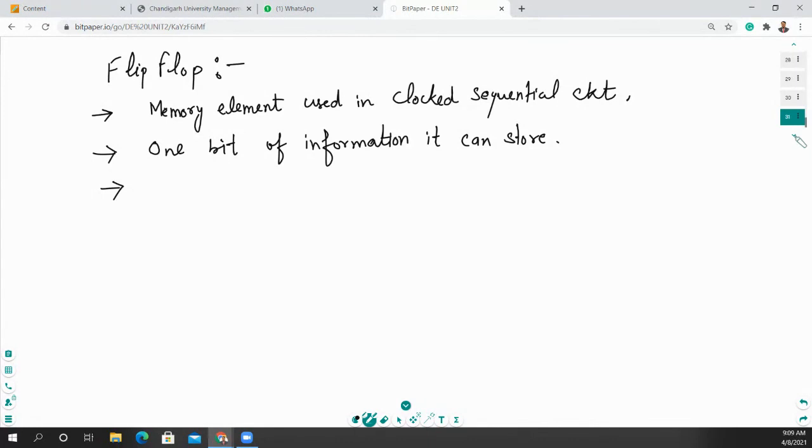So it has two outputs, Q and Q bar. What do we mean by Q and Q bar?